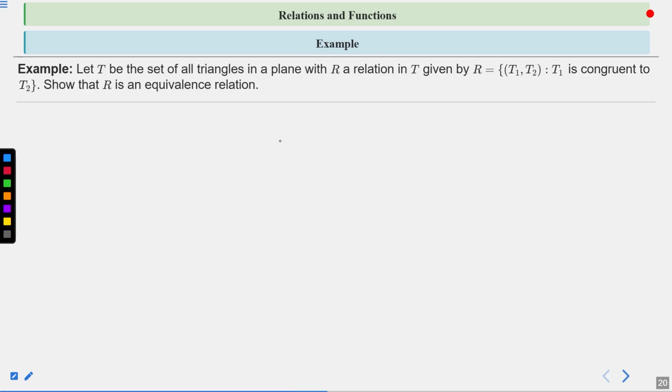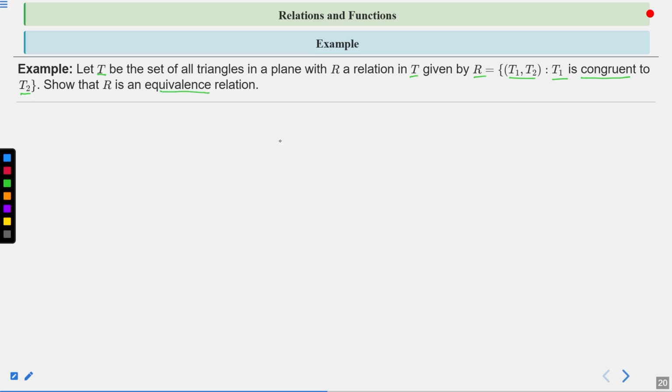Now, this example. Let T be the set of all triangles in a plane, with R a relation in T given by R, the collection of all pairs T1 comma T2 such that T1 is congruent to T2. Show that R is an equivalence relation.